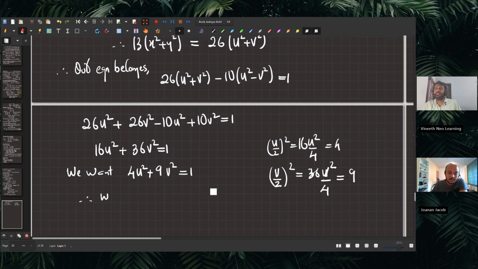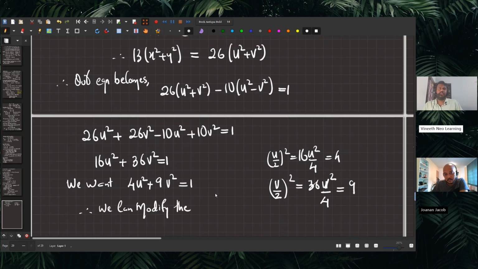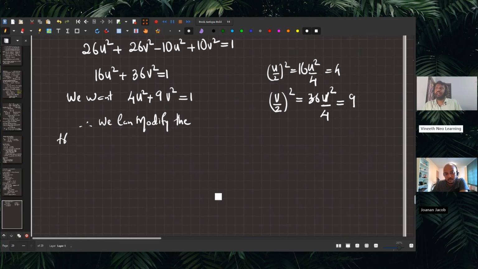So we can modify the transformation. What was the transformation? x equals u plus v and y equals u minus v.